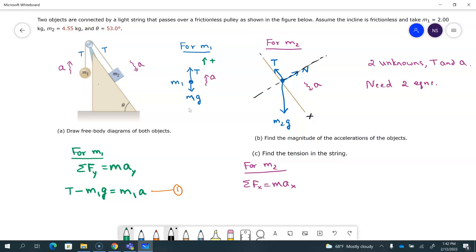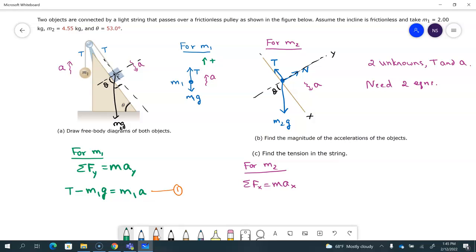So if I draw my m2g here, if this is theta in this right triangle, this would be 90 minus theta, so this would be theta. So in my picture here, this is the angle theta of the ramp that it makes with the y-axis.